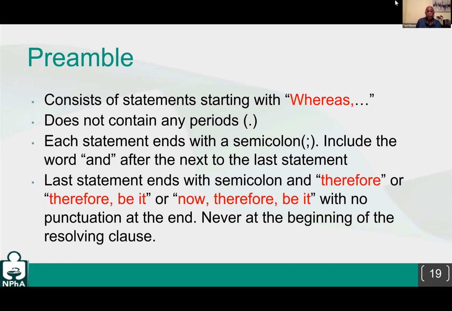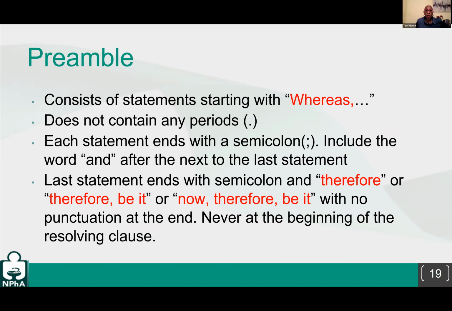And then after the last statement in the preamble, before you go into the resolving clause, you want on that line to put the word therefore, or you can use the wording therefore, comma, be it, or you can use noun, comma, therefore, comma, be it.